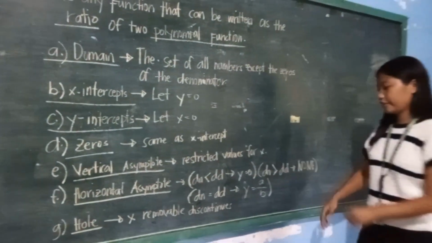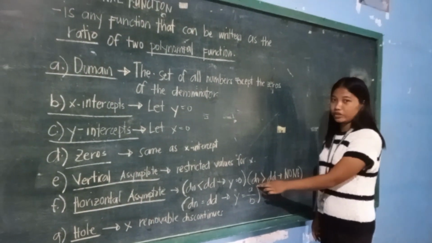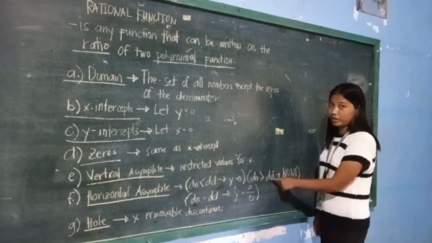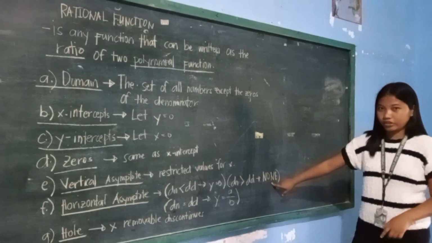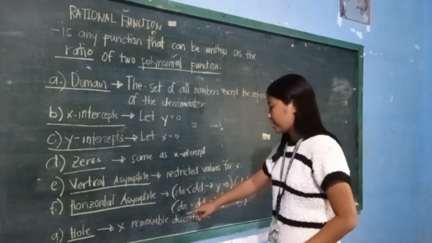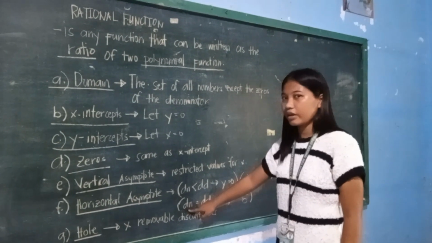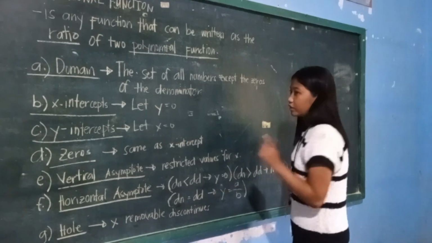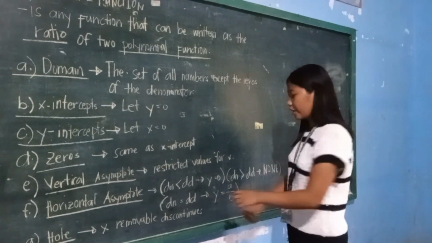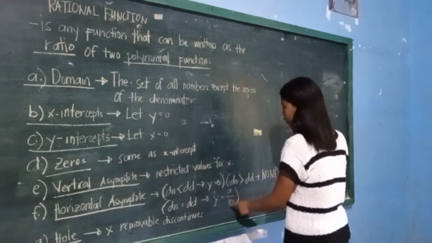On the other hand, if the degree of the numerator is greater than the degree of the denominator, therefore, none is the answer. And lastly, if the degree of the numerator and the degree of the denominator are equal, then y is equal to a over b.